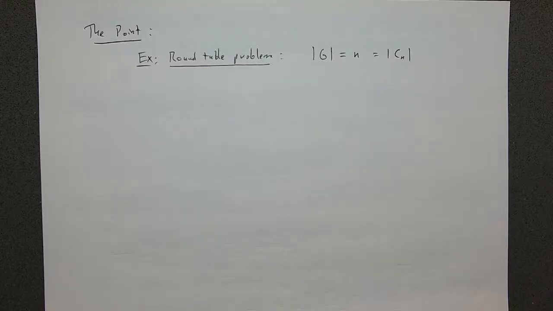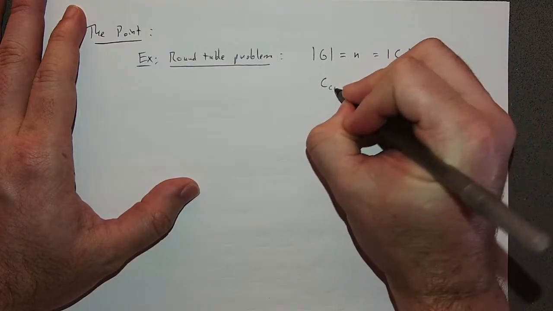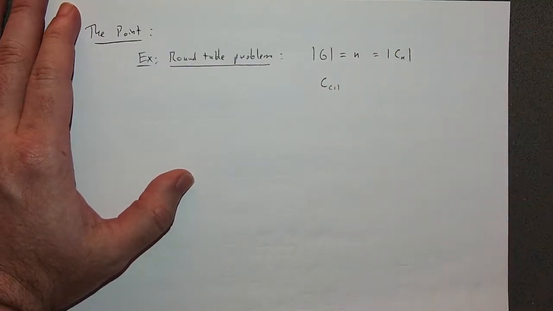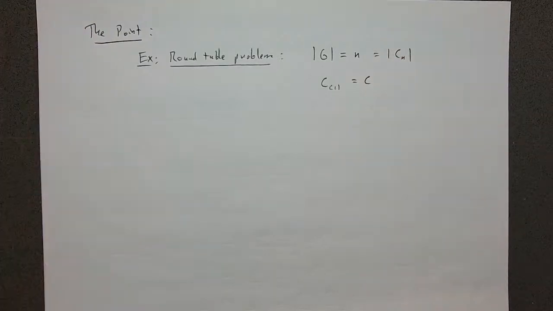Okay, the invariant set of the identity permutation is everything. That's the entire set of colorings, right?